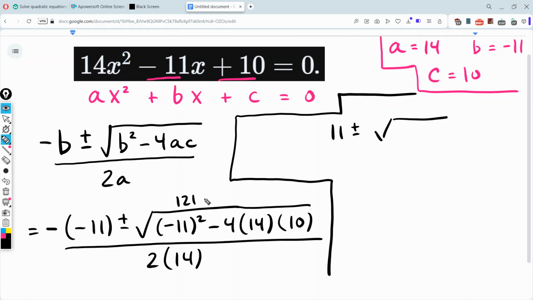Minus 4 times 14, that's going to be 56. 56 times 10 is going to be minus 560. And this is going to be negative 439. And that whole thing is divided by 2 times 14, which is 28.